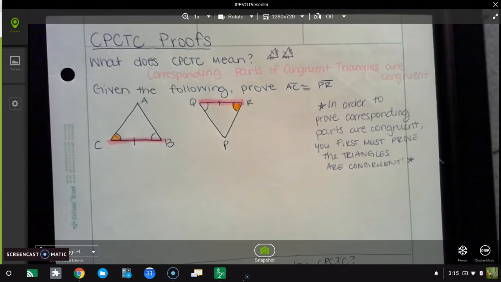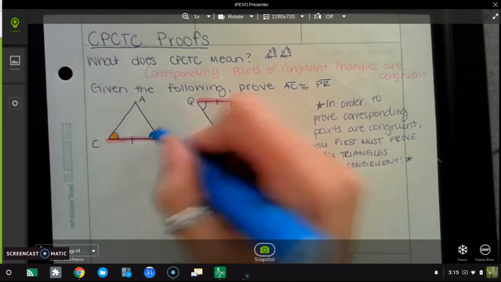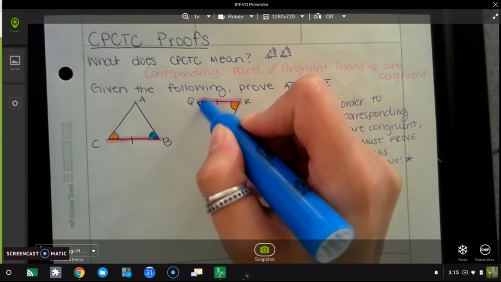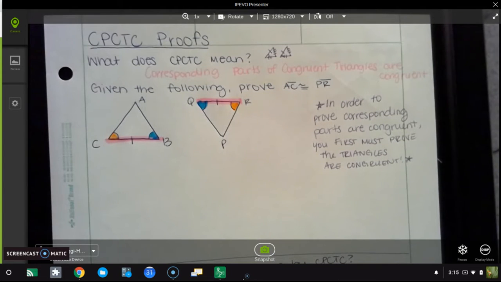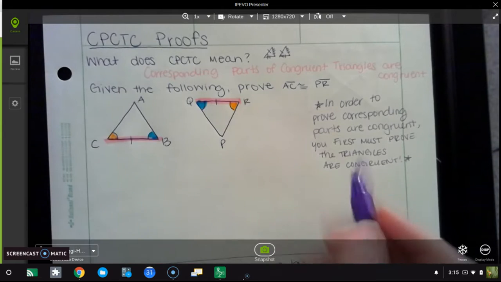And my last thing that I know is that my angle B is congruent to my angle Q. All right, so let's write this stuff down. What do we think that we're being proved by here? We have angle, side, angle. So we're being proved by angle, side, angle.